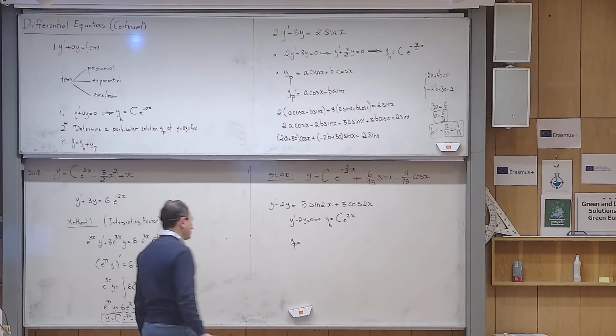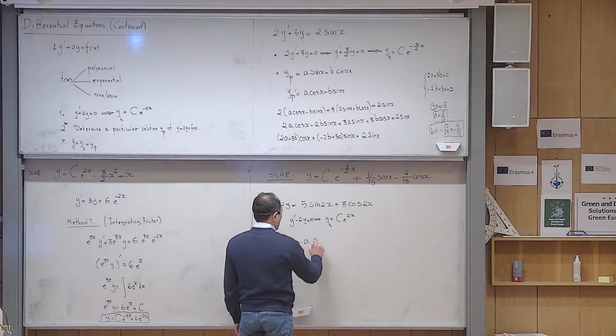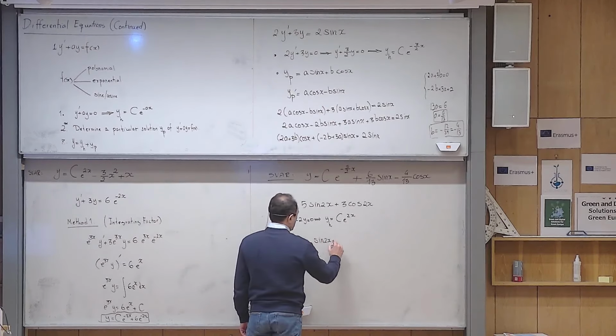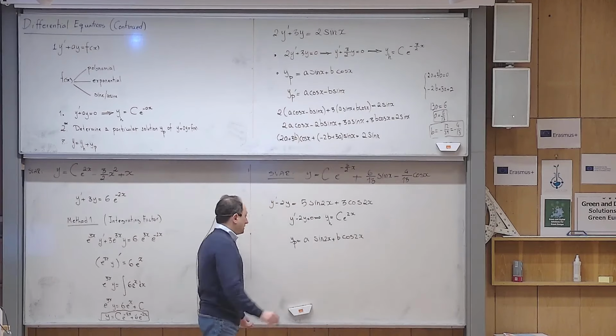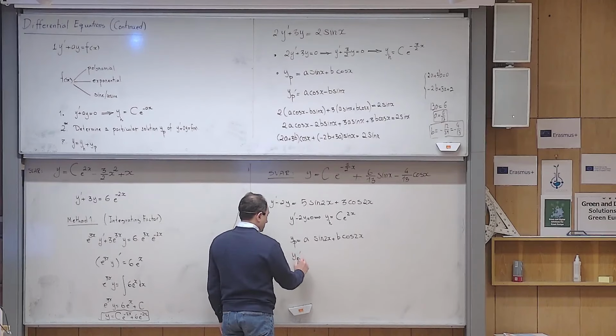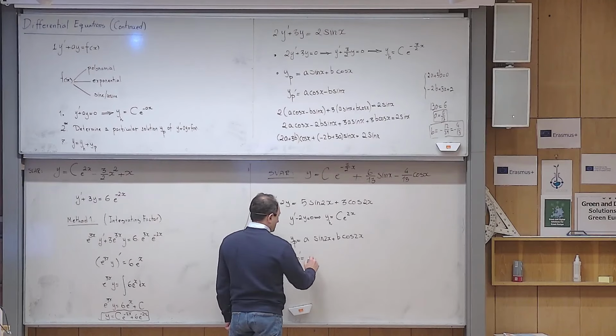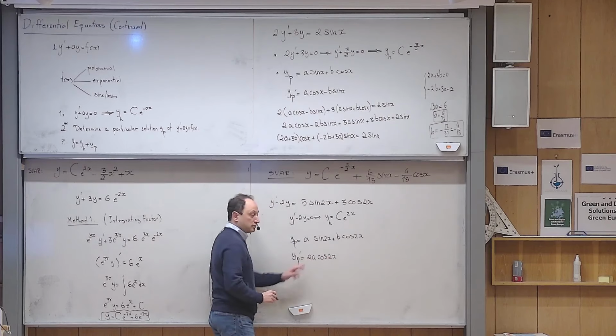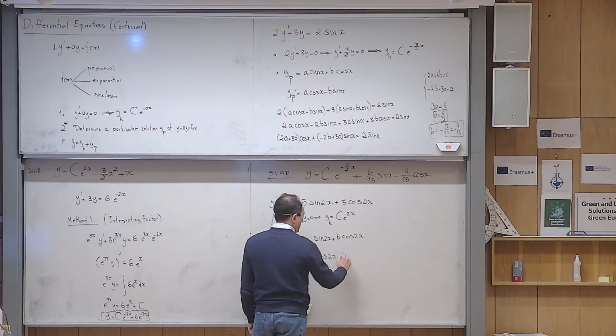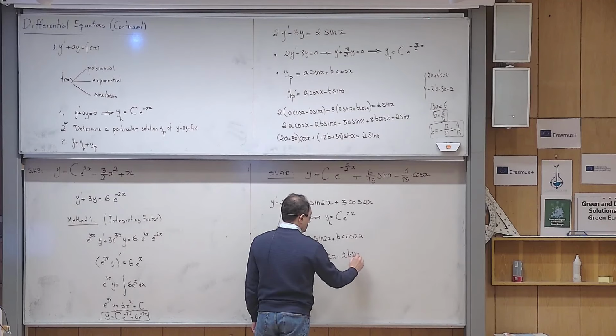So it should be a sine 2x plus b cosine 2x, a reasonable guess. And then you take the derivative. What happens? It becomes 2a cosine 2x, because of the chain rule you have this factor of 2. And then it becomes minus 2b sine 2x.